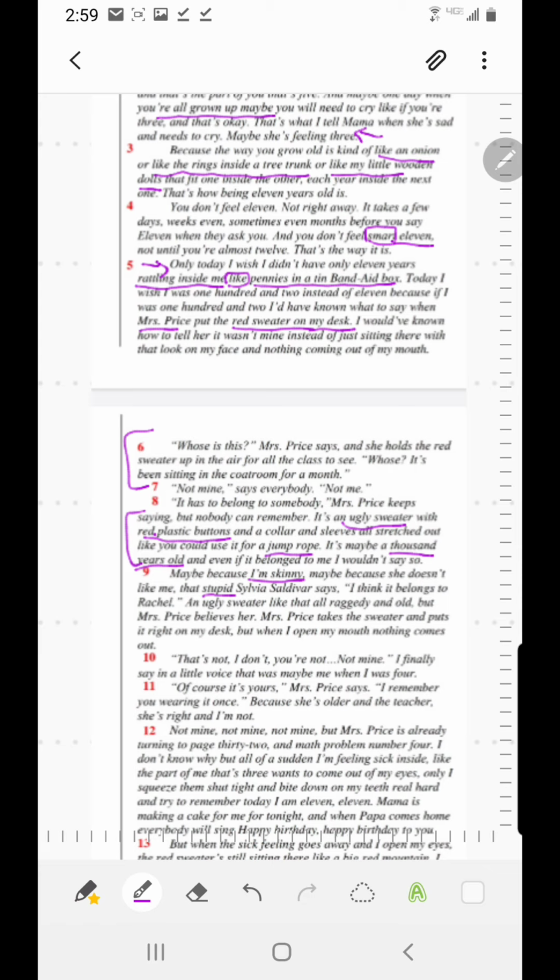Miss Price takes the sweater and puts it right on my desk. But when I open my mouth, nothing comes out. So why would she say nothing comes out? It's almost like she feels completely helpless. Even if she wanted to say something, nothing can come out of her mouth. "That's not, you're not mine." All right. So these short, incomplete sentences, right?